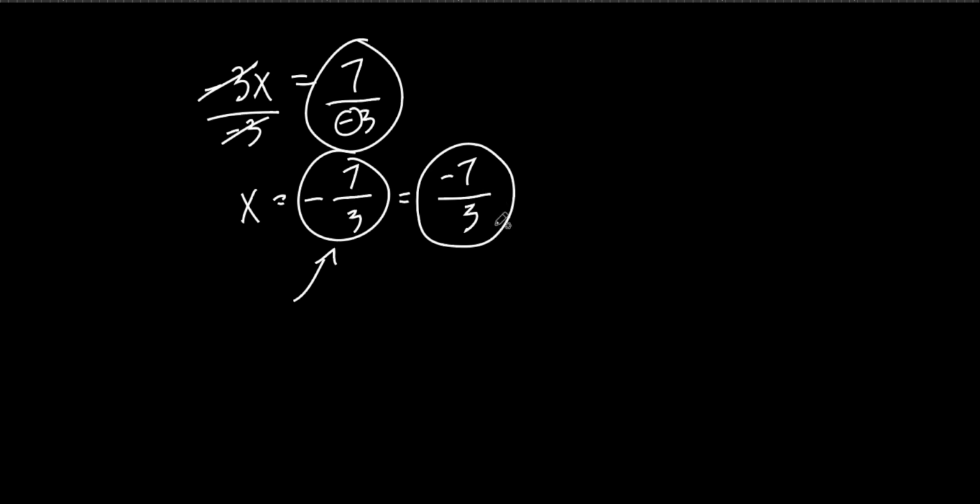And I don't have to do anything to this. In algebra, I mean, there are some times we do this, but for the most part in algebra, we will not take an improper fraction and turn it into a mixed number. Now, if you were working in the real world and you're a carpenter and you're trying to find the length of something and you do some math, you get an improper fraction, I would say 100% of the time you're going to change it to a mixed number.